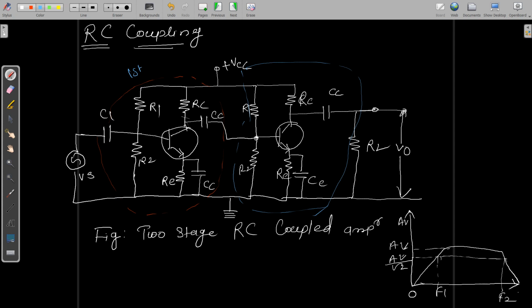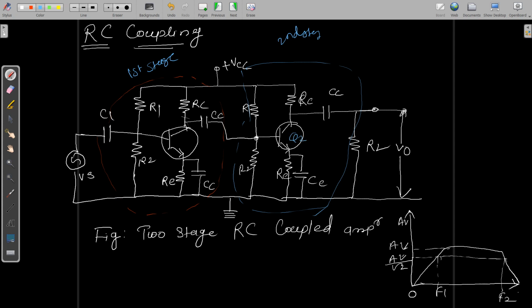This is the first stage and this is the second stage. Now you can see how the first stage output is connected to the input of the second stage. This is the preceding stage, this is the succeeding stage, and the output is applied from the collector terminal of one transistor to the base of the second transistor, Q2.